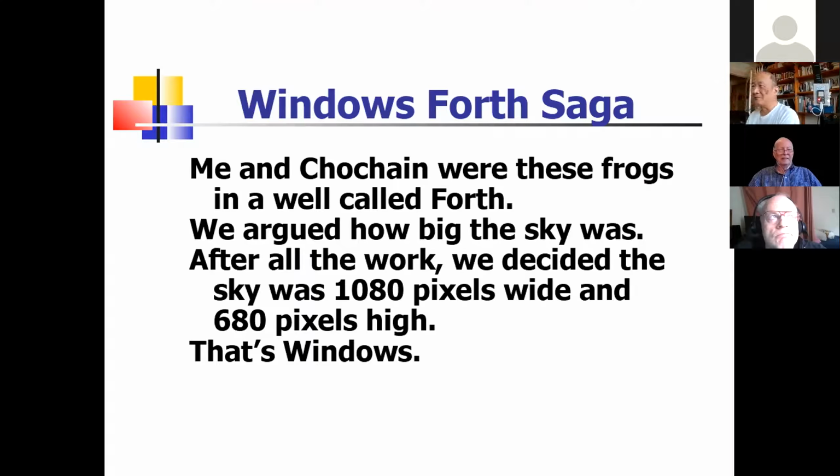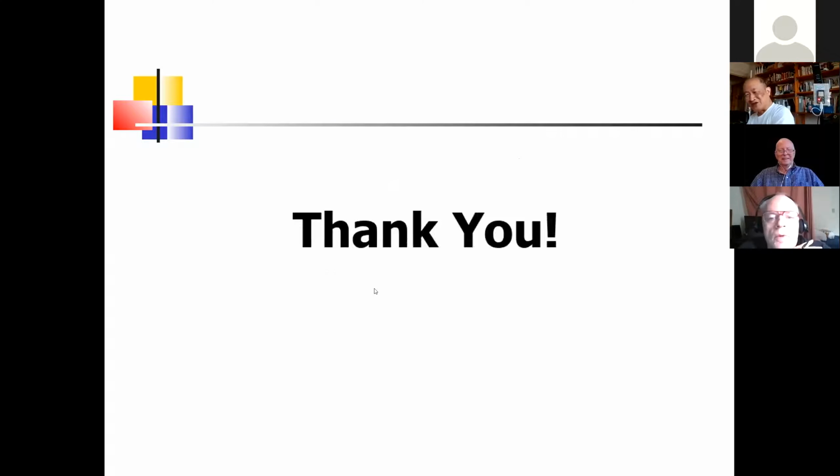We argued how big the sky was. After all the work, we decided the sky was 1080 pixels wide and 680 pixels high. And that's Windows. Okay. Thank you very much.